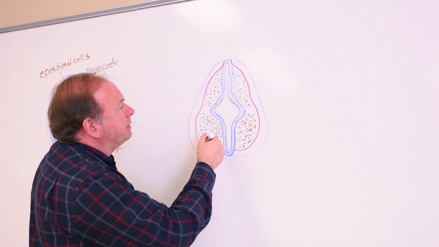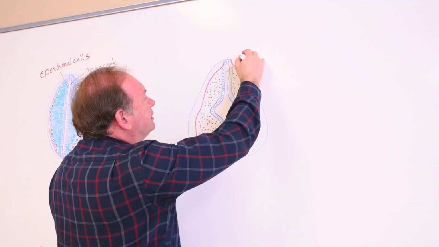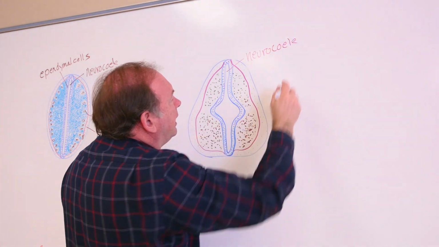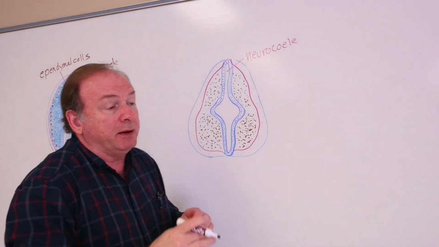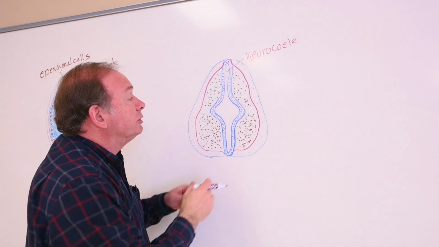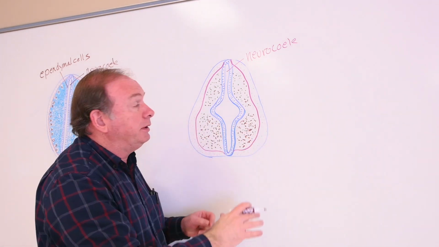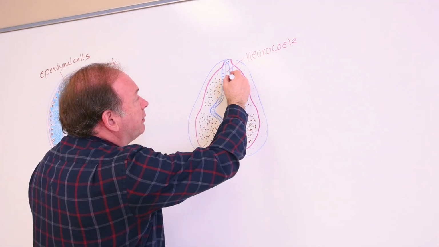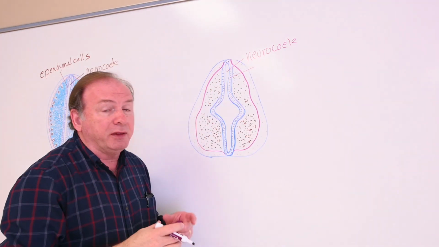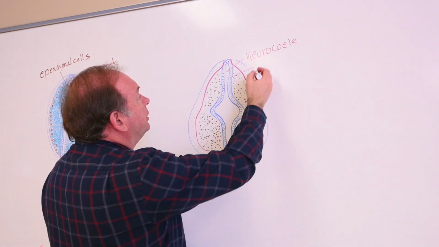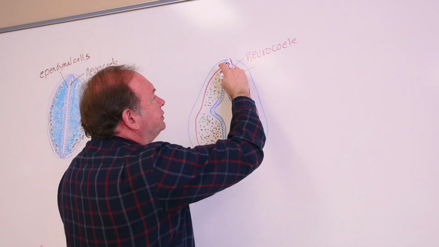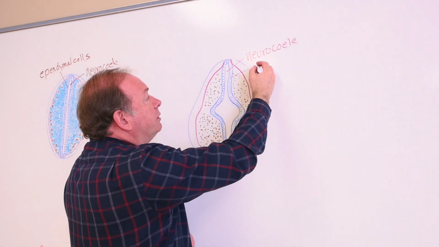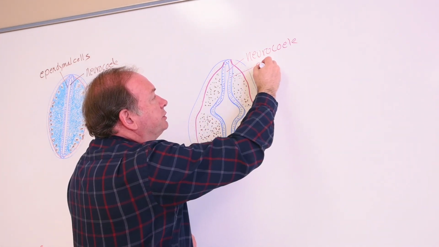We still have some of the same things. This cavity in here is still a neurocele, and that will remain in there as the central canal of the spinal cord. So we have a lot of growing to do out around this before we get to its final stage. That inner layer, remember, was originally the ventricular layer, what we called it, and then we identified those cells around the cavity of the neurocele as ependymal cells.